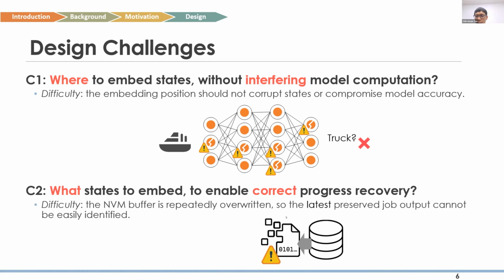The second challenge is determining what states to embed such that the interrupted inference process can be correctly recovered. This is non-trivial as the same NVM region is reused to preserve job outputs of different network layers, making it difficult to identify the latest preserved job output.